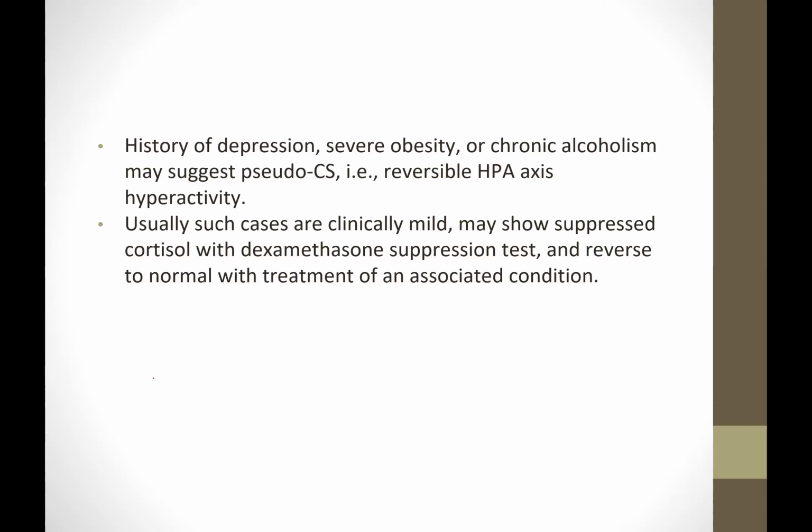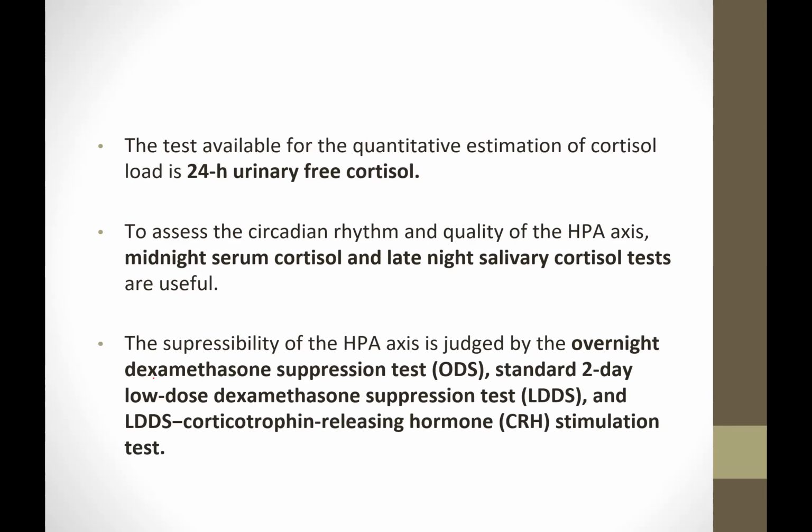This is pseudo-Cushing's, meaning people with obesity, depression, or alcoholism may have some sort of HPA axis hyperactivity, and that can easily be understood because the cases are very mild, and once you reverse to normal with treatment of the associated condition, they come back to normal.